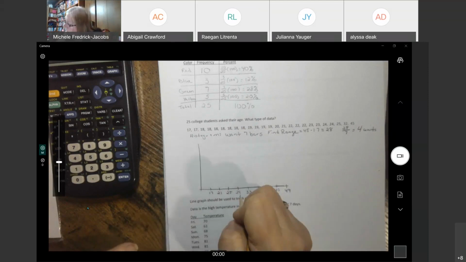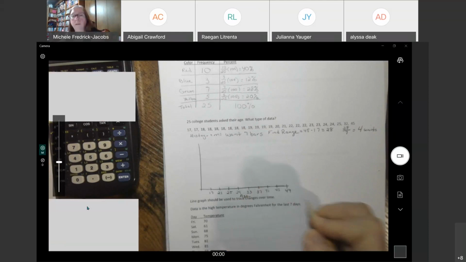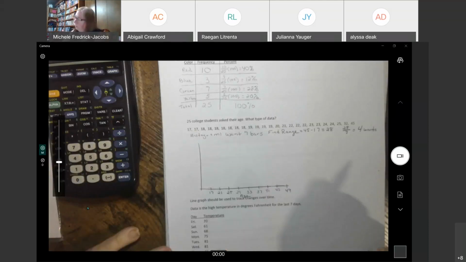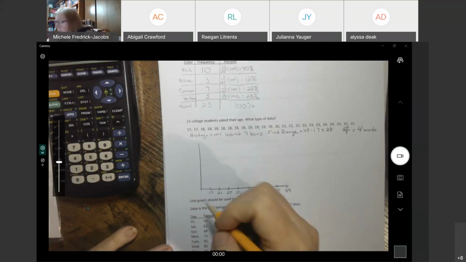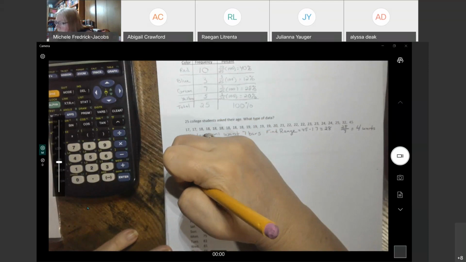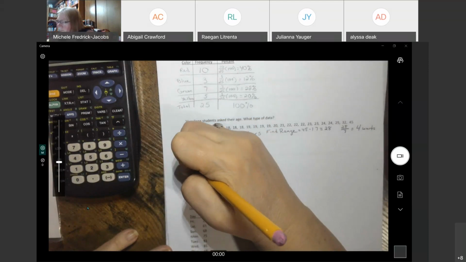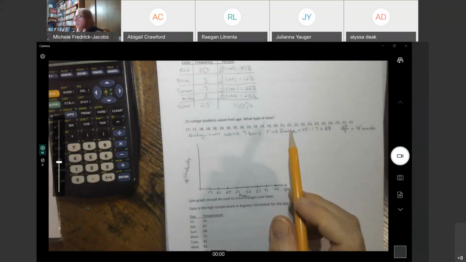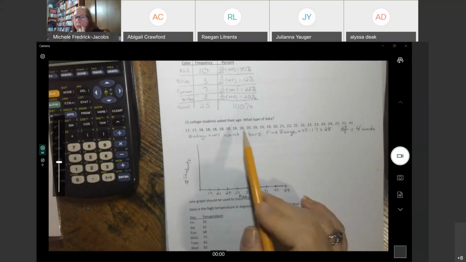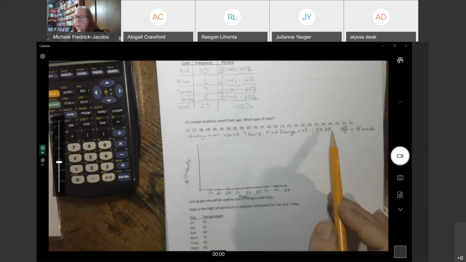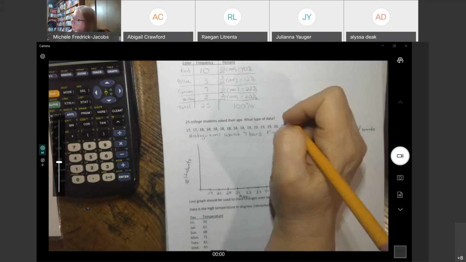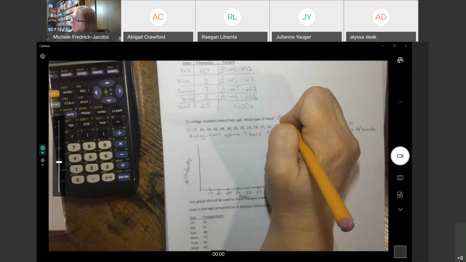Age. This was 25 college students, and this is number of students. And I forgot to ask, what type of data is this? These are numbers, and finding the average age would make sense. So it's quantitative.